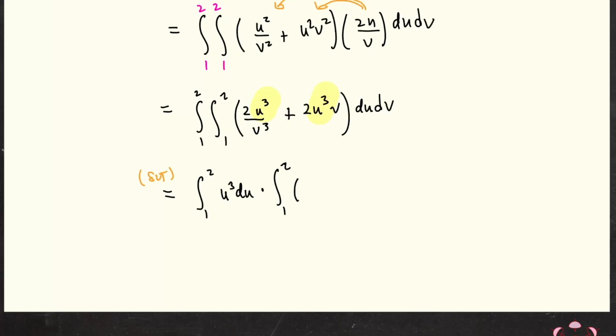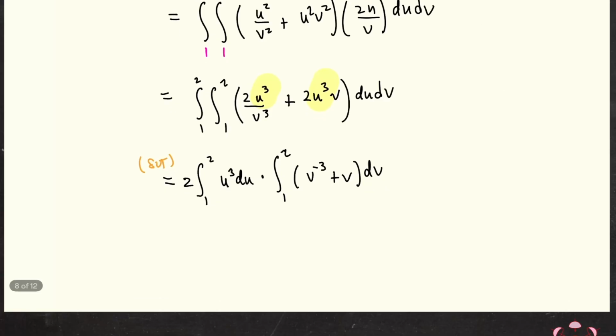And in fact, since both of them have a 2, let me make my life even easier and take the 2's out. I'll be left with v to the negative 3 plus v. Okay, keeping in mind I'm thinking of power rule in my next step.